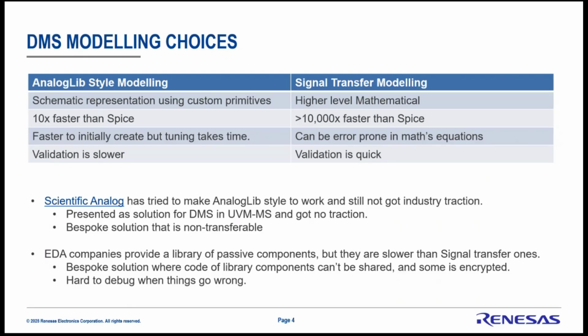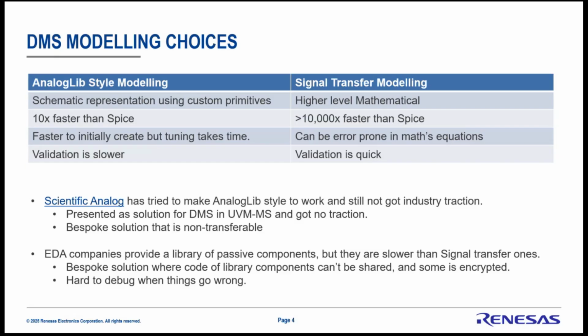There is a company called Scientific Analog that makes a product that basically sells transistors and all the rest that you can use in DMS modeling. They tried to push it into UVM mixed signal. It got no traction. We've tried it internally, and I know other people have tried it, and it's not as good as it's put on the marketing paper.